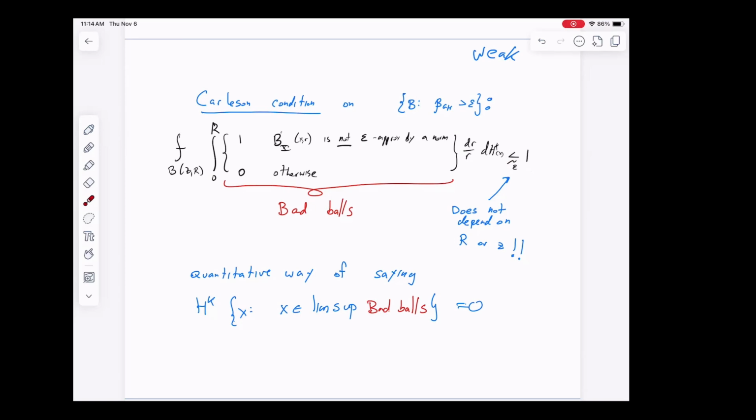So this is a quantitative way of saying that the set of points that are in an infinite collection of balls with radii shrinking has measure 0. So this is what I wrote here, but this is done in a quantitative way. Okay, I'm going to go on unless there are questions about this.